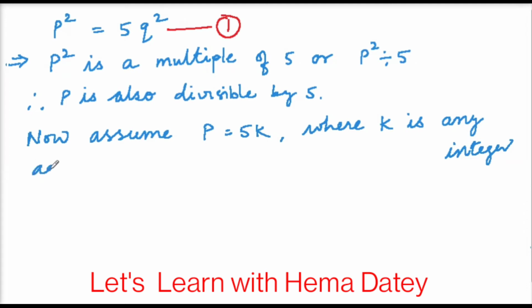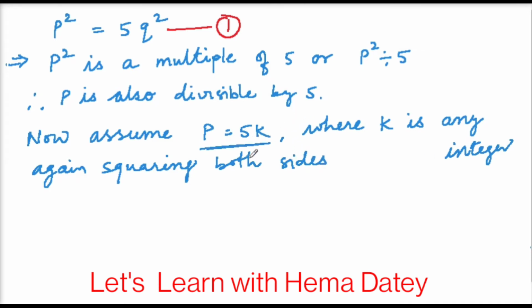Again, squaring both sides of this, p equals 5k, we get p whole square equals 5k whole square. That gives us p square equals 25k square.